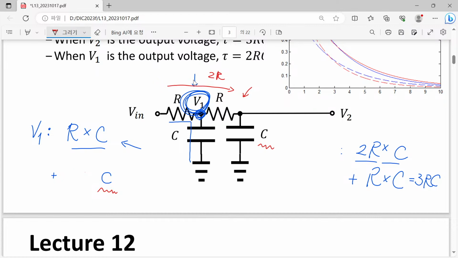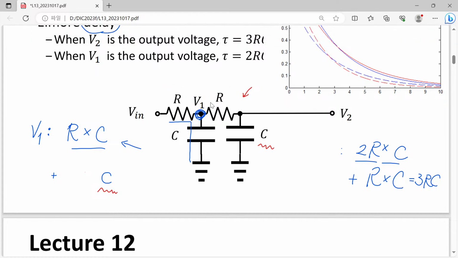Since this is the output node, we have to find the intersection between two paths. One path is from the voltage source to our output node, and the other is from the voltage source to our node of interest, usually called a leaf.